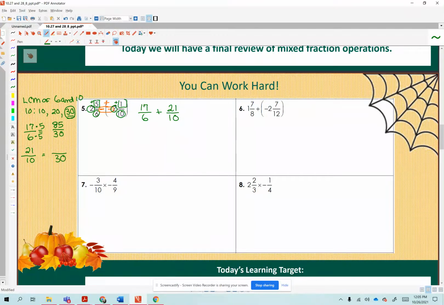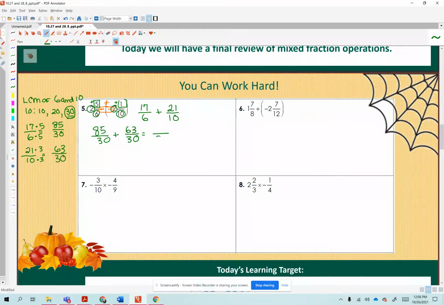You might need a calculator to do that. I know that 10 times 3 is 30, and 21 times 3 is 63. So I can rewrite this problem as 85 over 30 plus 63 over 30.